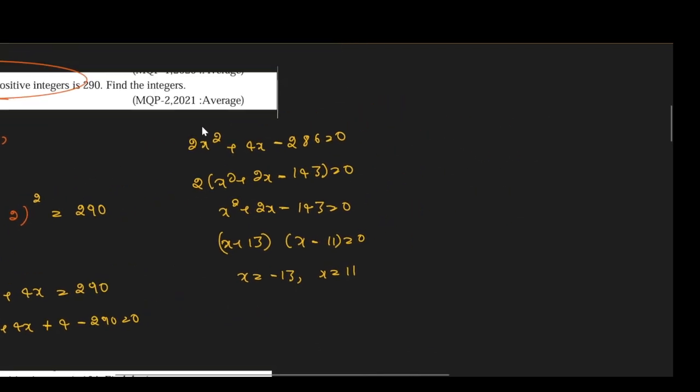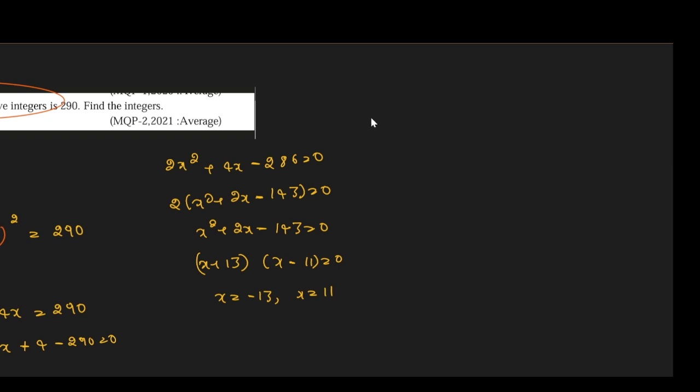So if x is equal to minus 13 and x is equal to 11, if I take x is equal to 11, then the integers are, we already assumed the first two integers are x comma x plus 2. So if x is equal to 11, that is fine. 11 plus 2, that is 13. So then integers are 11 and 13.